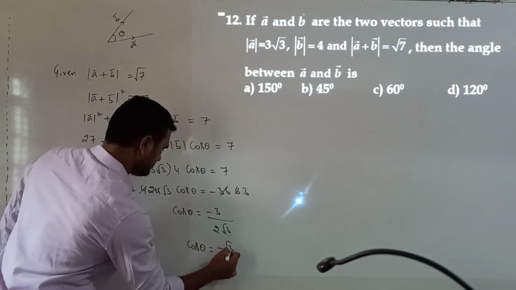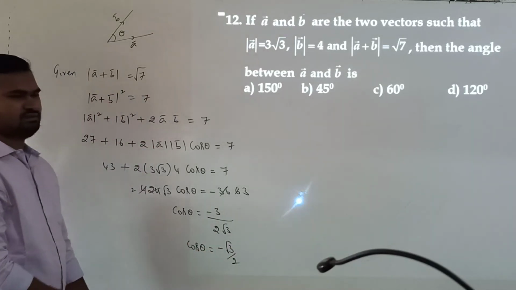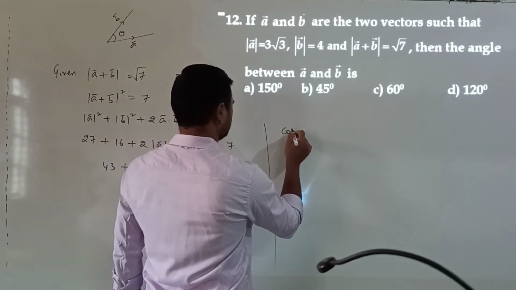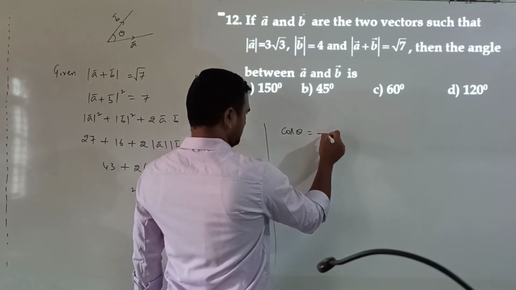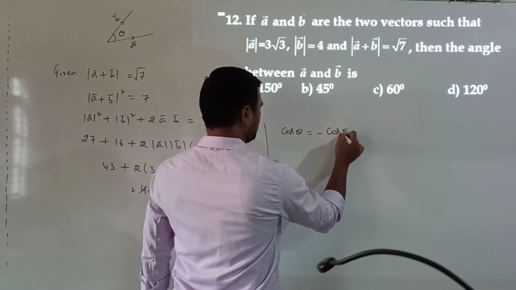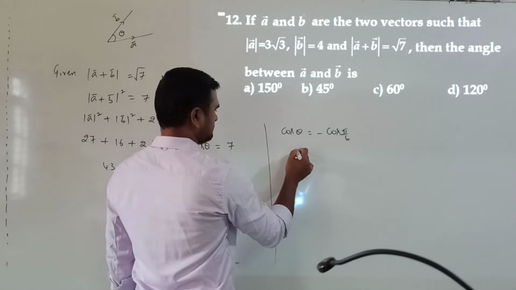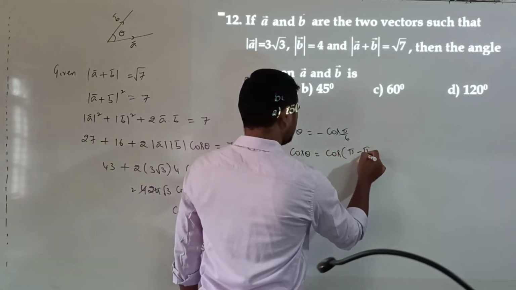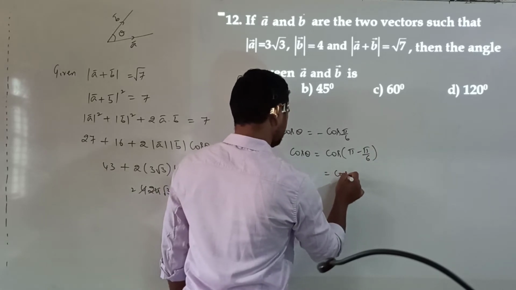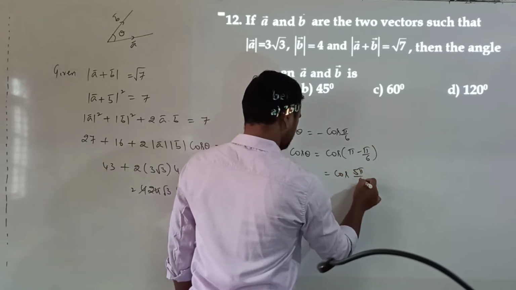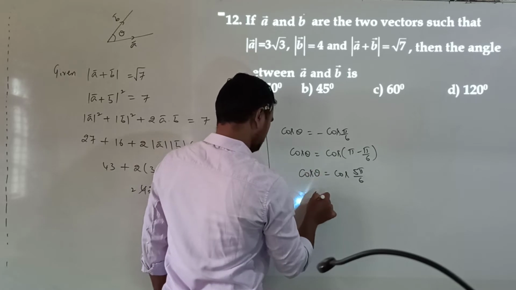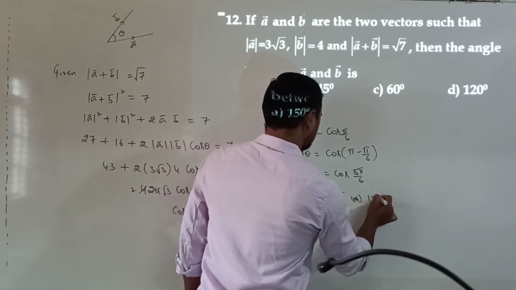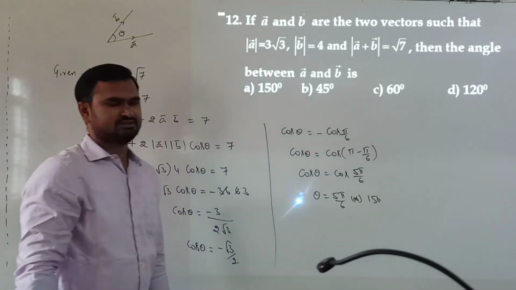So we get cos theta is minus root 3 by 2. Cos theta is minus root 3 by 2 means, root 3 by 2 we can write as cos of pi by 6. So cos theta is cos of pi minus pi by 6, which is 5 pi by 6. So theta is 5 pi by 6, or we can take 150 degrees.